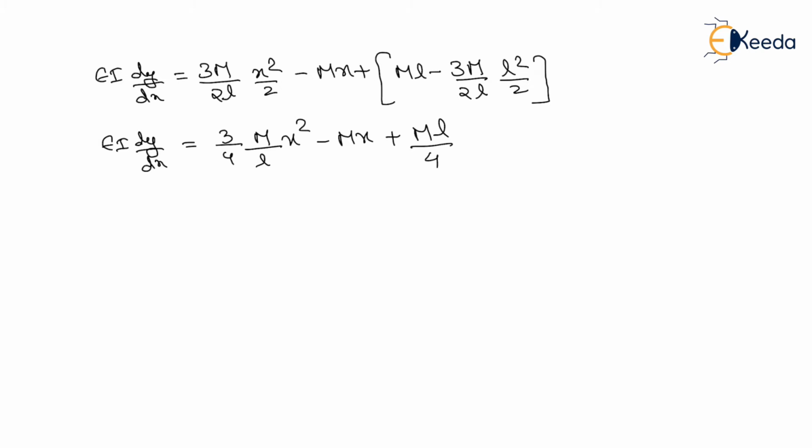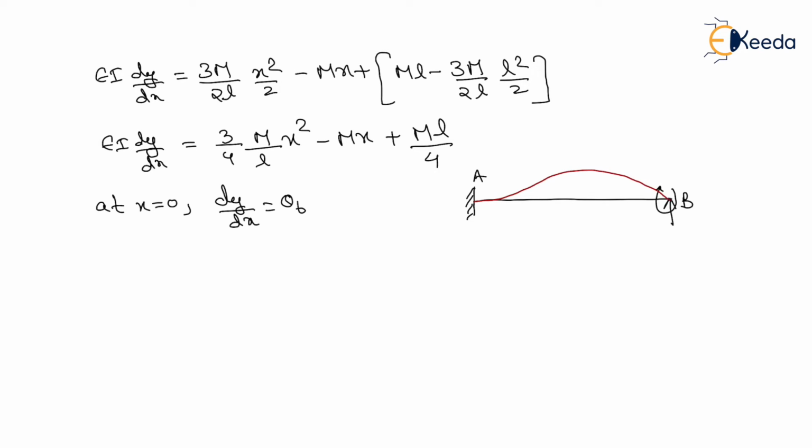Now at x equals to 0, dy by dx is equals to theta b, that is the rotation at support B. Now our beam is like this, that is support A and that is support B, and due to the movement like this, the beam will rotate like this, and this is the rotation, that is theta b.